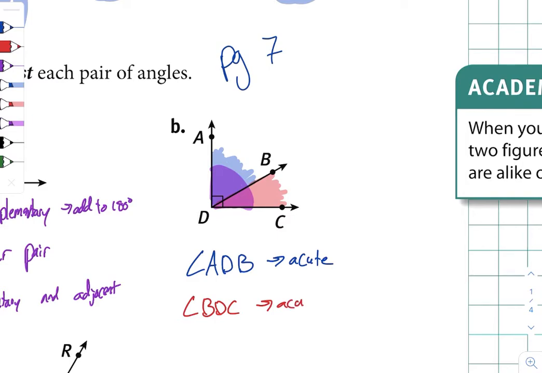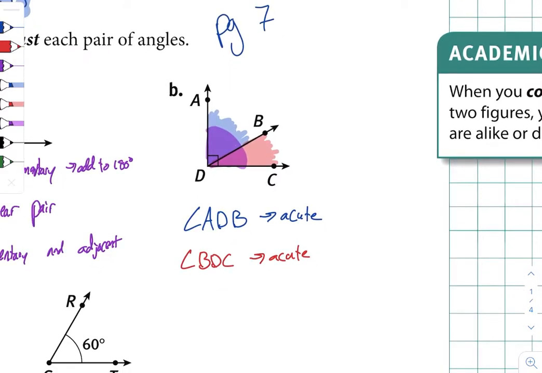And remember, you can reverse the order of those letters, BDA for the blue one, and CDB for the red one. They're both acute. These are also adjacent because, again, they're right next to each other. They share a common side and a vertex.